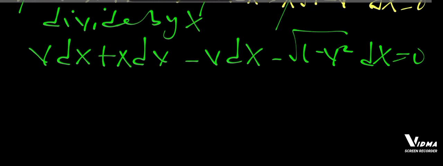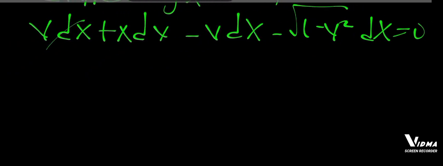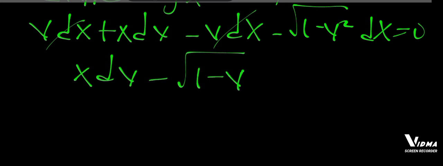Okay, so after that we can see we have v dx and we have minus v dx, so they will cancel out, and our solution becomes x dv minus square root of 1 minus v squared dx equal to 0. So it is now separable.